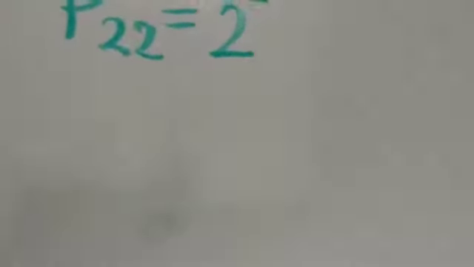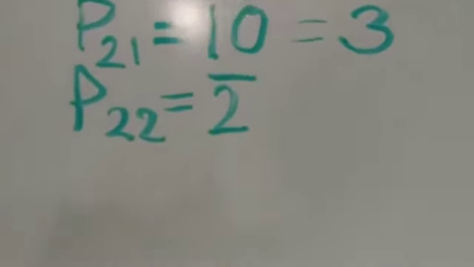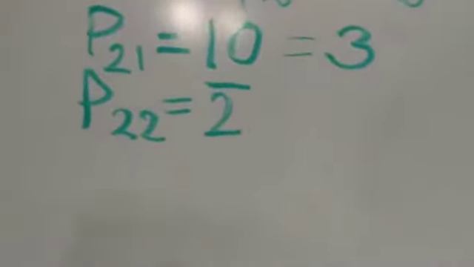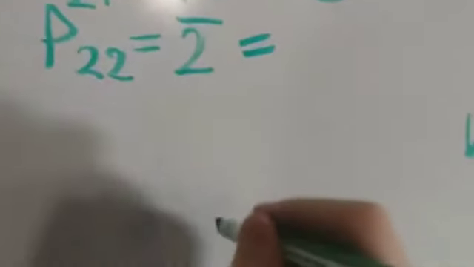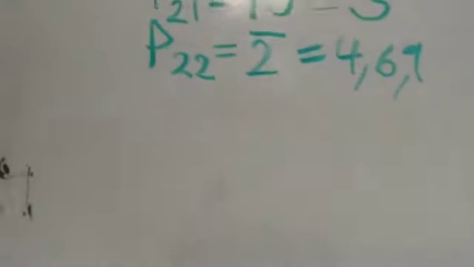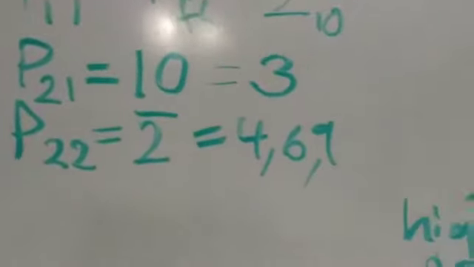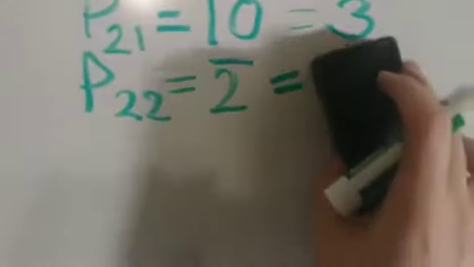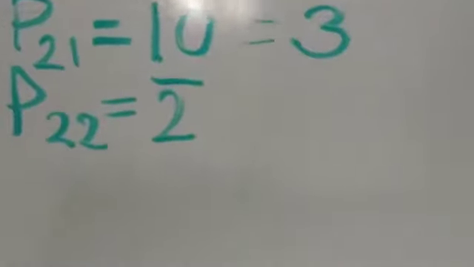But we will forget that and just say 2 with a line over it, because that's what I already established in this video. So P22 is 2 with a line over it, which is 4, 6, and 9. But we are going to forget about these because it's going to get too complicated.